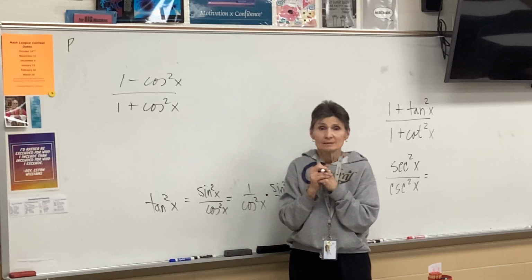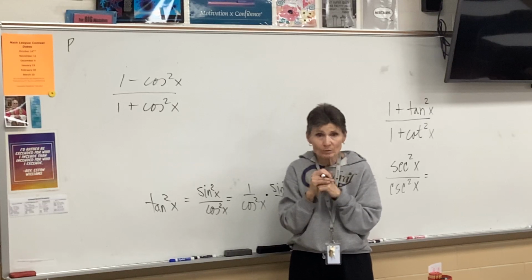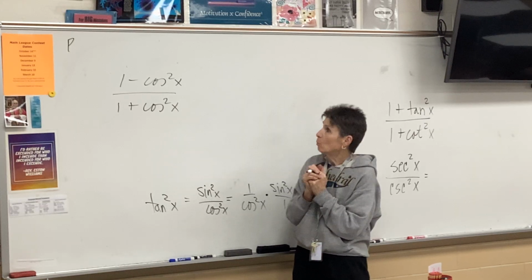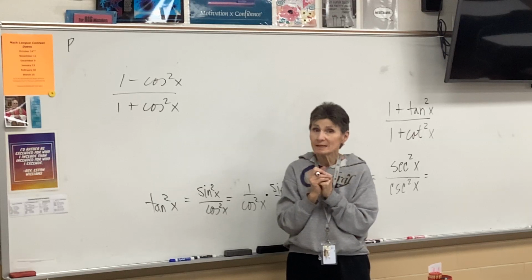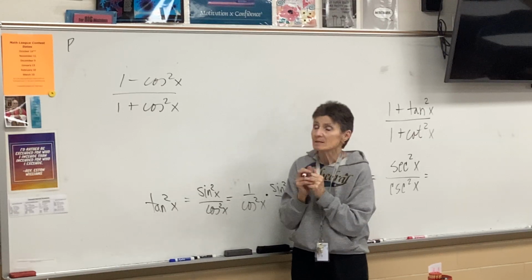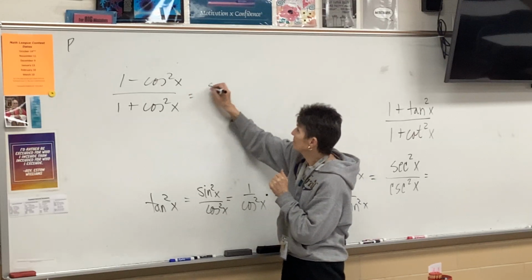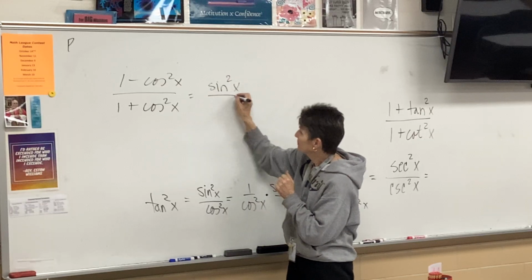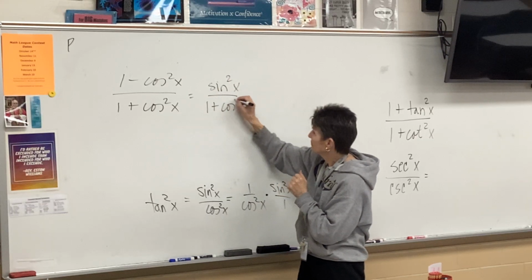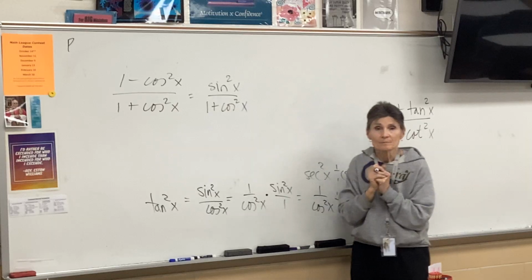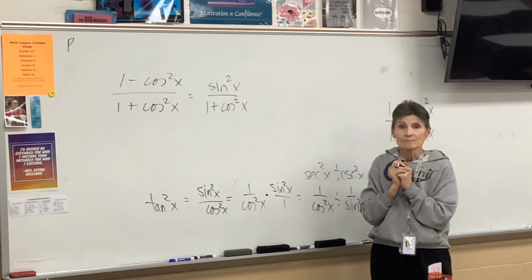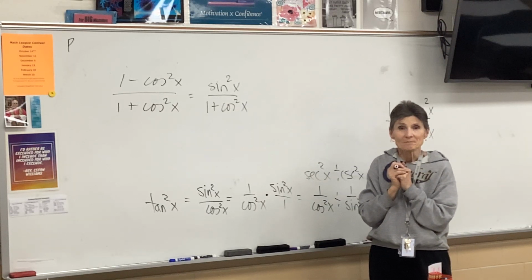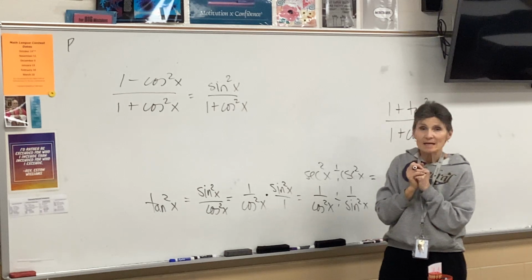Hopefully you recognize the numerator. What is the numerator? 1 minus cosine squared is sine squared. And you're done. That's it. Nothing else cancels.